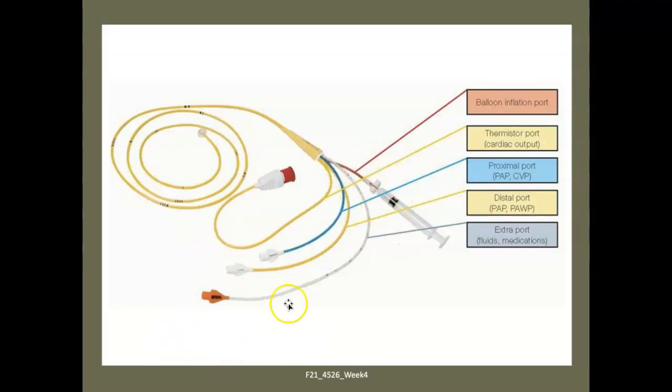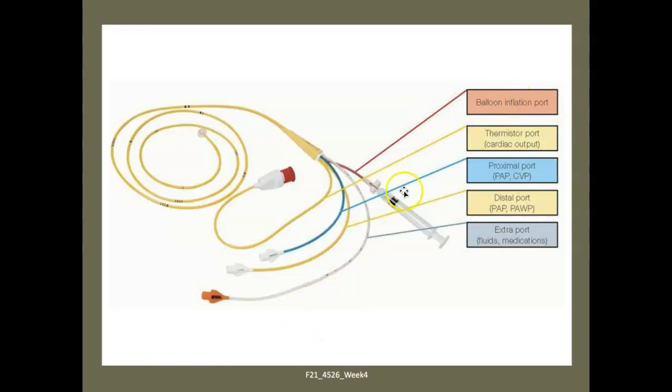This is all outside of the body, and these are all inside of the body. And these are really important markers, so that when the physician is inserting the PA catheter, they can look at the markings and get an understanding of where they are when they are threading this catheter through.